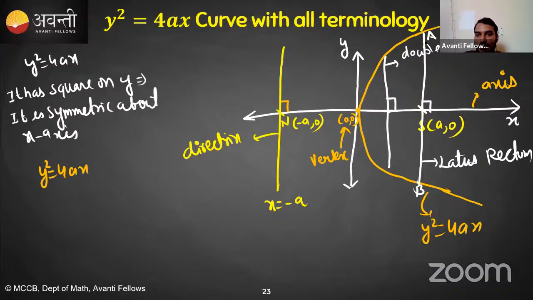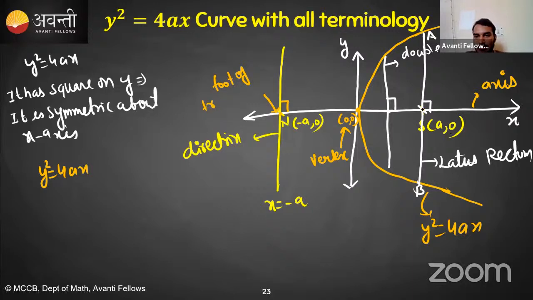Okay, if it is clear, there are a couple of points that you can see here. Very good, Anjali, very good. So students, this point N is the foot of perpendicular of the directrix on the axis, yes or no? Foot of directrix on the axis, एक ही बात है.